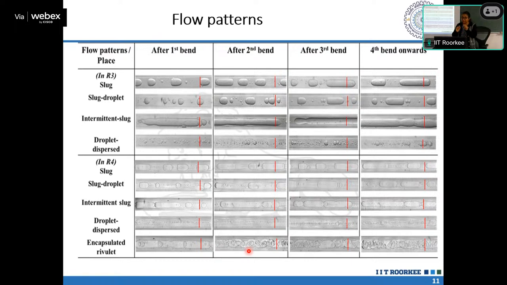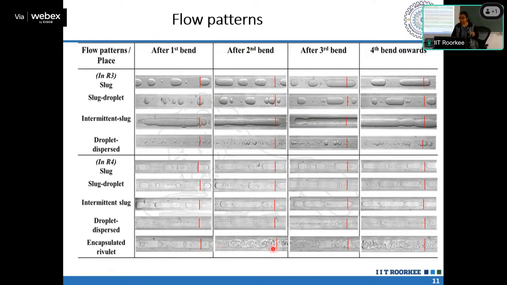So after the change in direction happens at the first bend or the second bend, there is a tendency for the slugs to join. Also, because the dispersed phase is made of methanol and it has very low viscosity, the continuous phase drops invade this long structure.